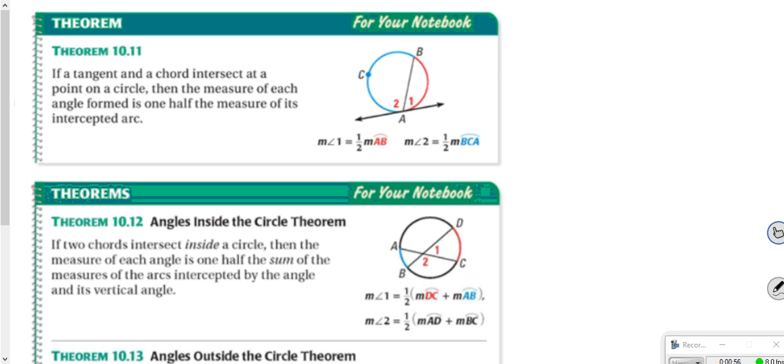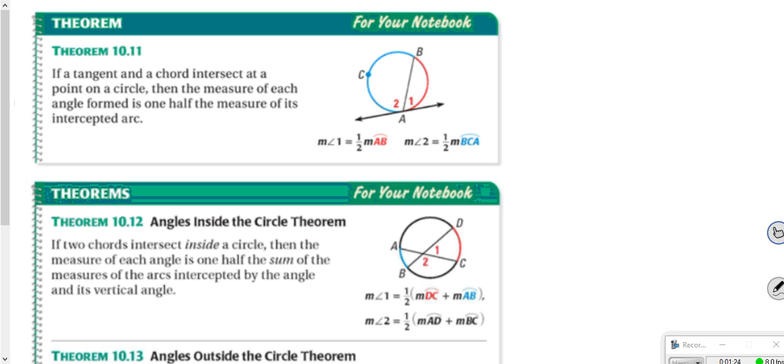If a tangent and a chord intersect at a point on a circle. Remember, tangents are lines or rays or segments, but they are on the outside of a circle and just intersect the circle at one point.